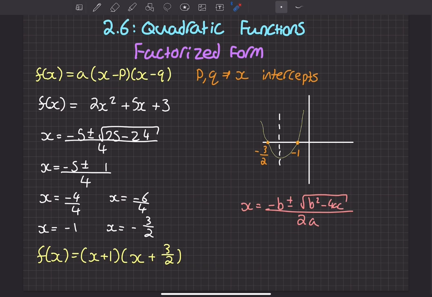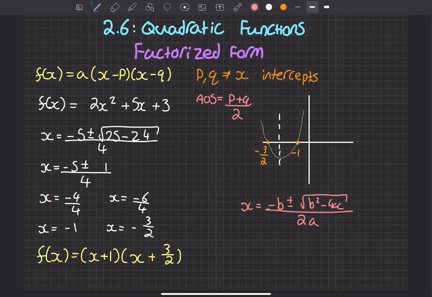And how do we find the exact middle? Very simple, actually. Axis of symmetry equals p plus q over 2. This is the middle, the midpoint, right?